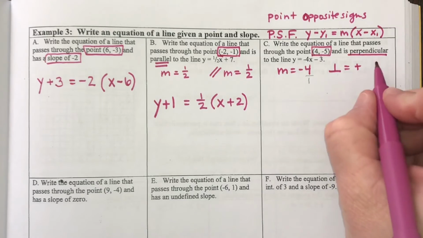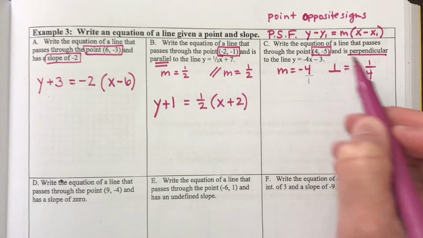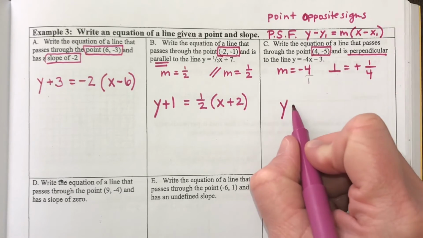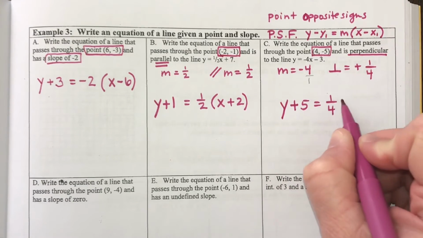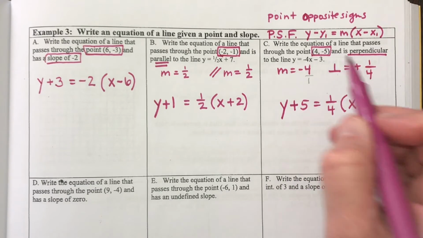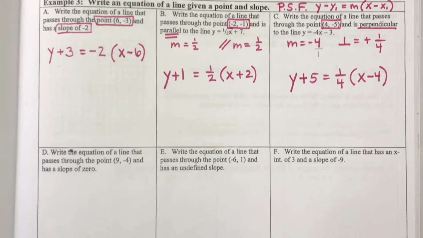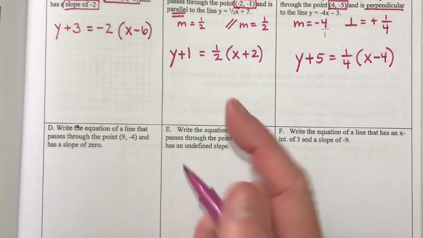So flip my fraction upside down, it would be a fourth. So this point, 4, -5, and this slope of a fourth, it would be y, opposite of -5, so plus 5, equal to my slope of a fourth, and then in parentheses x, and the opposite sign of my +4 would be -4.